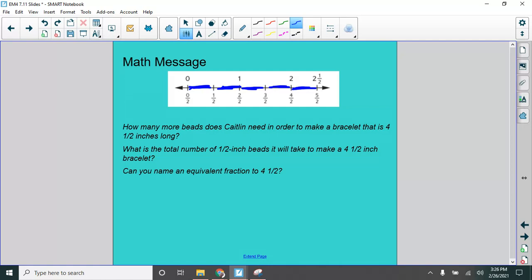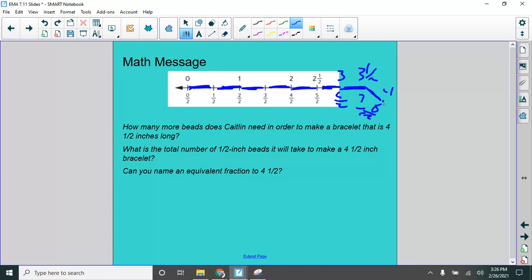Well, I'm going to think here. So another half would be 3 or 6 halves. Another half would be 3 1/2. Uh-oh. I'm going to run out of room. 7 halves. My beads are going to go this way. I'm sorry. Now we're at 4, which would be 8 halves.